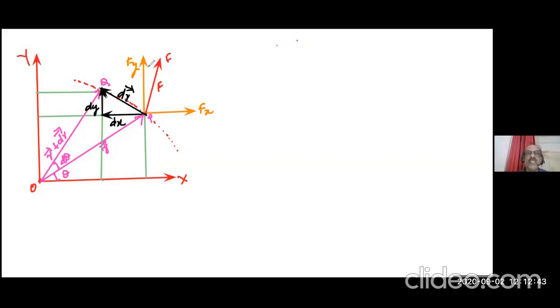When a force F is applied at P, the object is displaced to Q, making a small displacement dr.